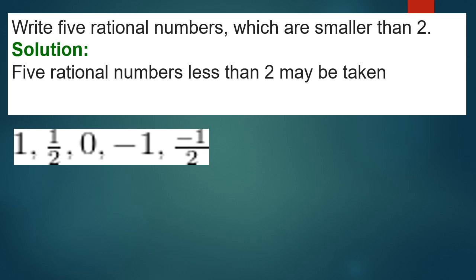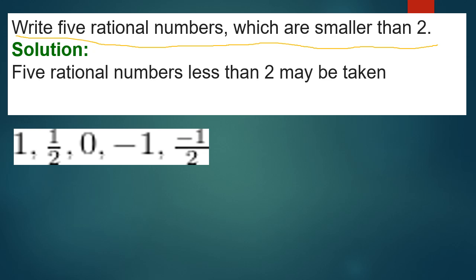Children, the third one is: write 5 rational numbers which are smaller than 2. So a number smaller than 2 means 1 is a rational number which is smaller than 2. Then half, 0, minus 1, minus half are considered as the 5 rational numbers which are less than 2.